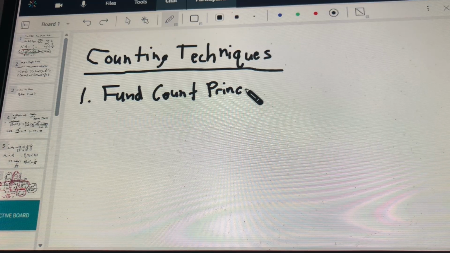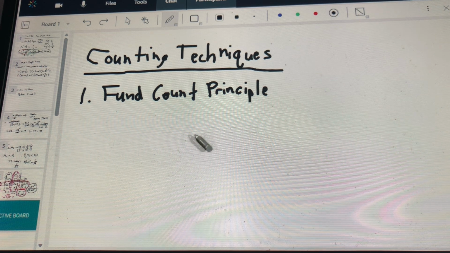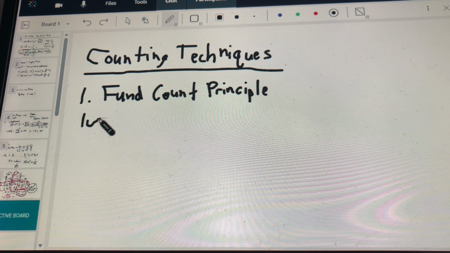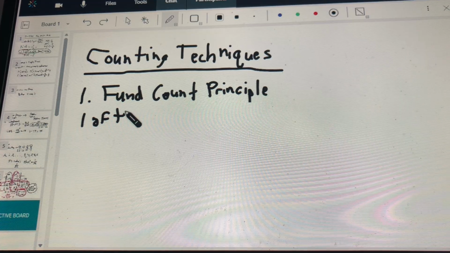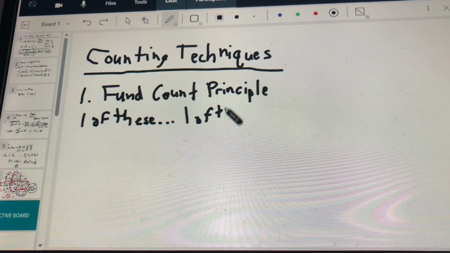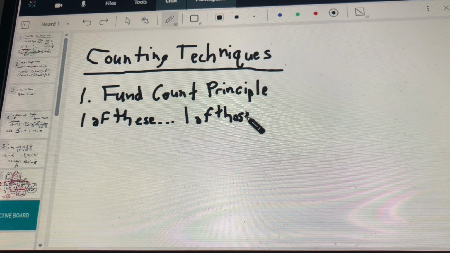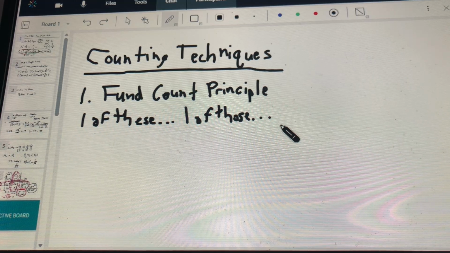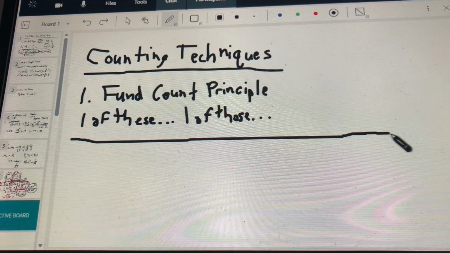This is where you have a series of decisions to make. 2 or more decisions. You choose one of these, then choose one of those, and so on. This kind of problem is a junior high problem, honestly, and it's done on the STAR test for junior high kids.